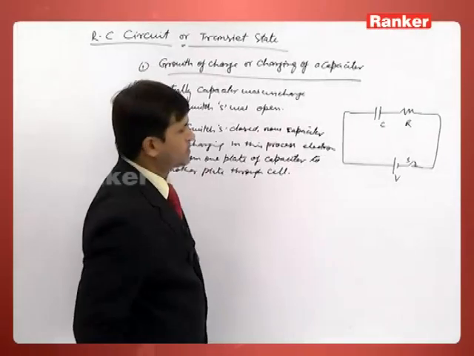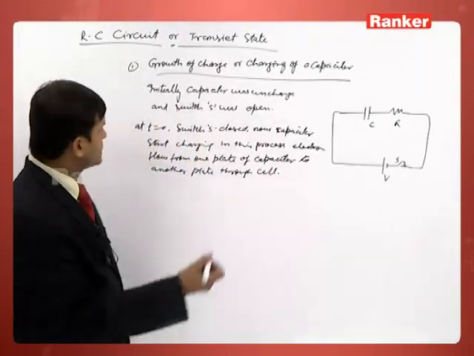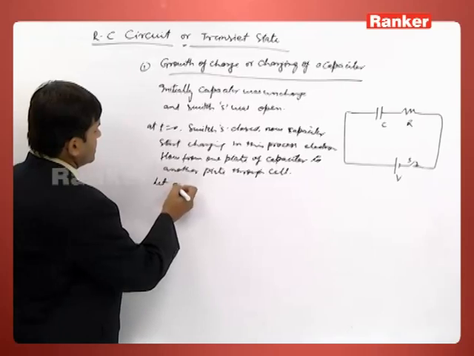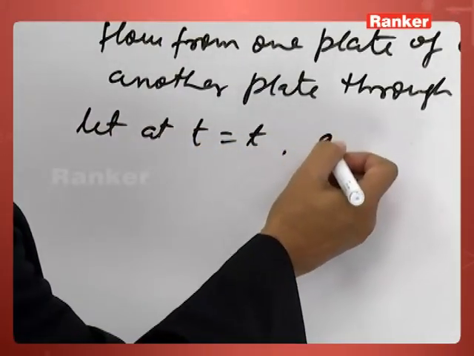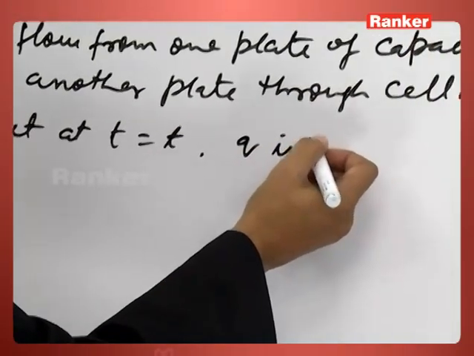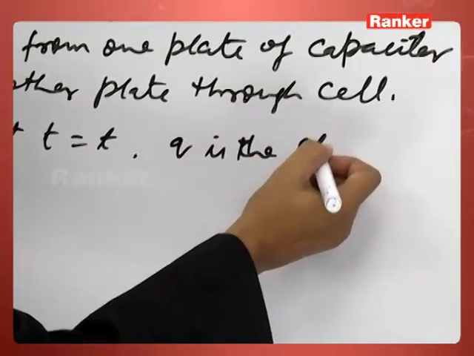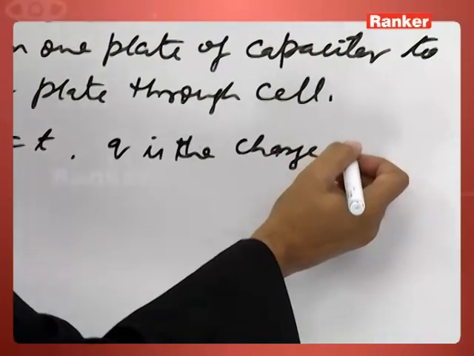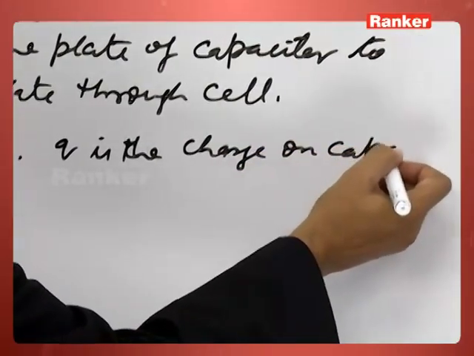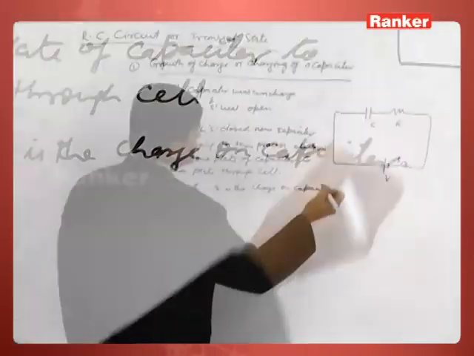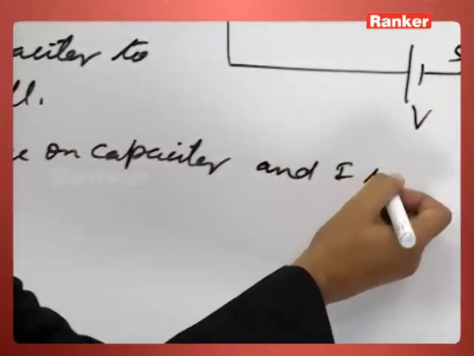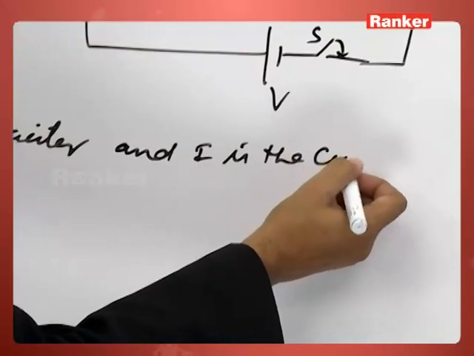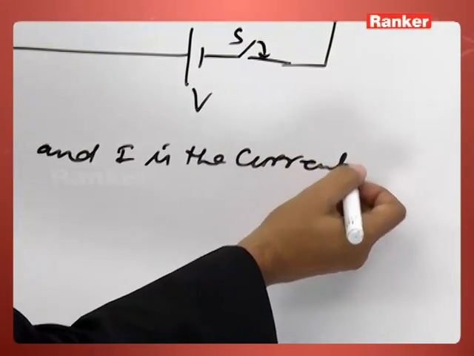This is the process. Now, let at t equal to t, q be the charge on the capacitor and I be the current in the circuit.